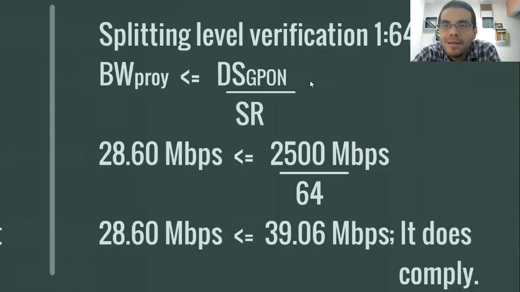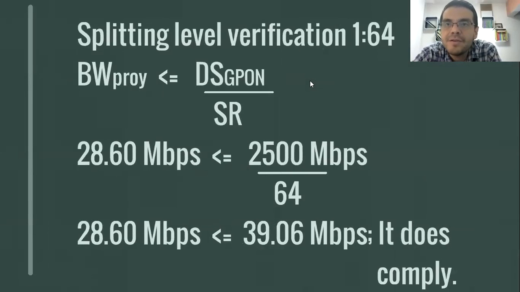Let's get to the other one, splitting level verification of 1 to 64. With these equations, as you can see on the screen, we can have 39.06 megabits per second, almost 40 megabits per second for each subscriber. So this splitting level complies.